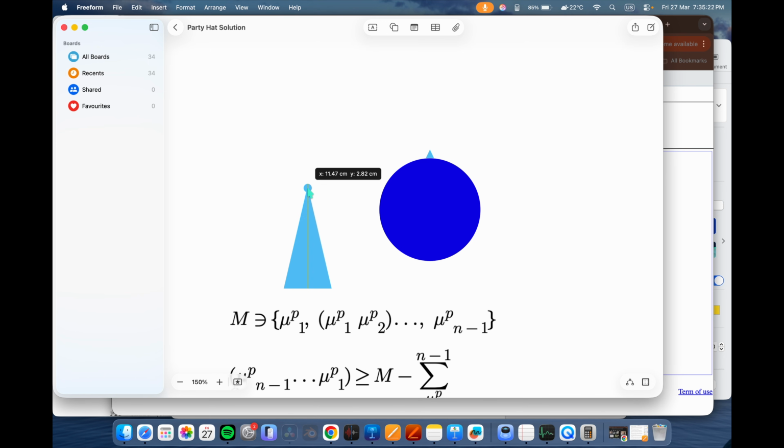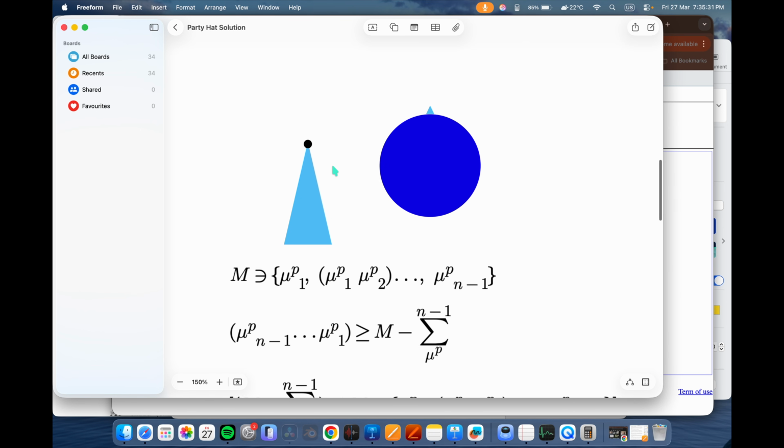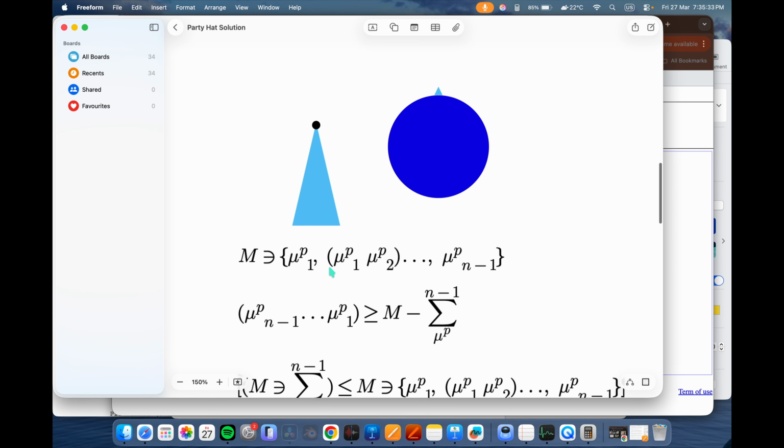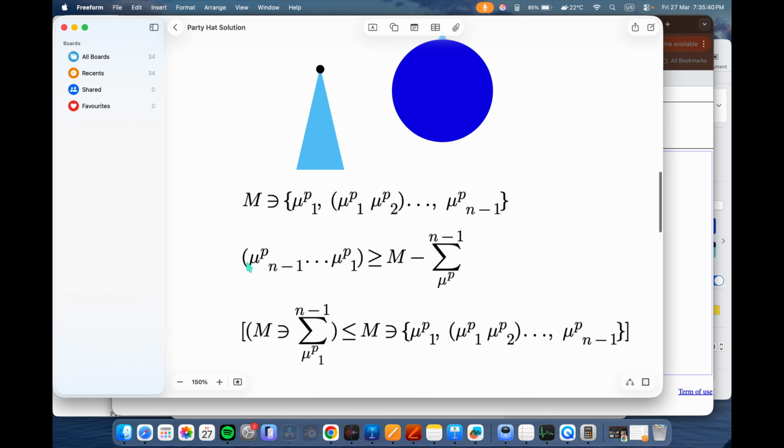So it means that this one dot represents this area, which can be epsilon. So this says it contains all of these dots, all the way until n-1. So this is the amount of dots. This is the amount of party hats that you put in it.